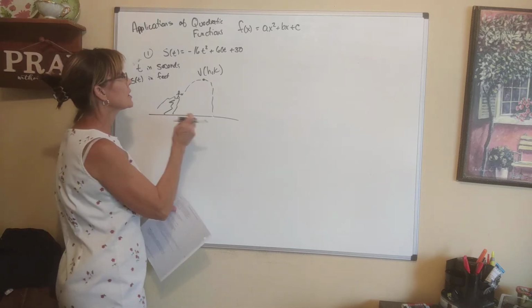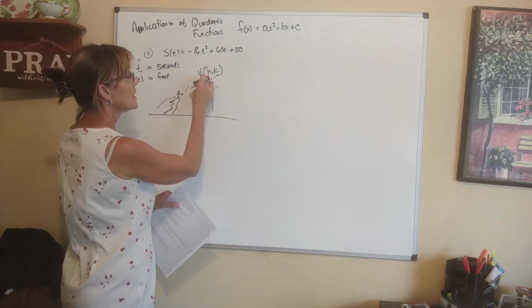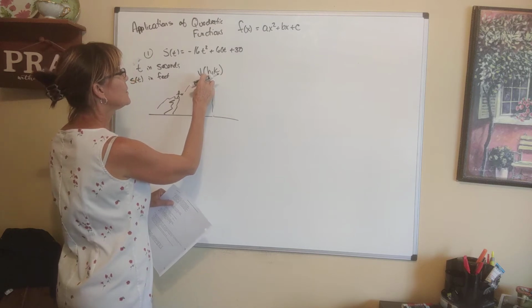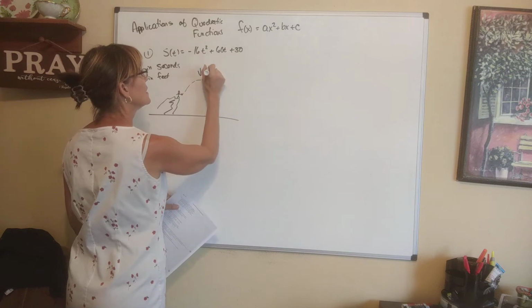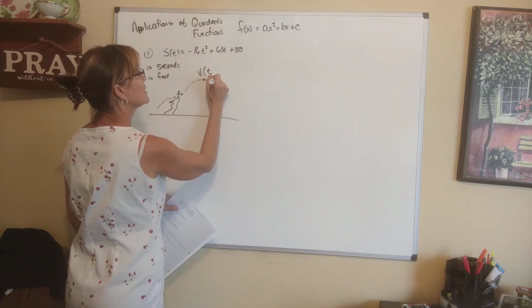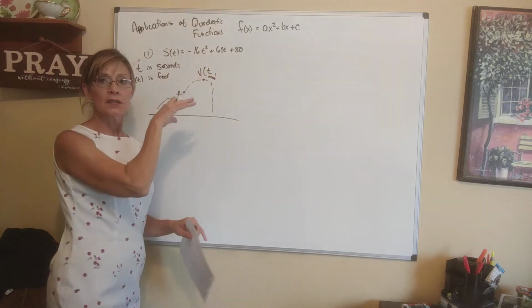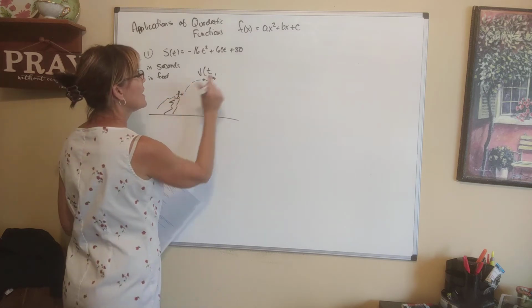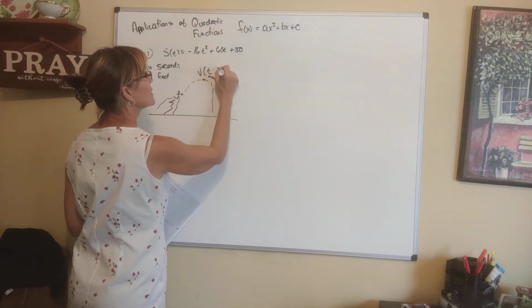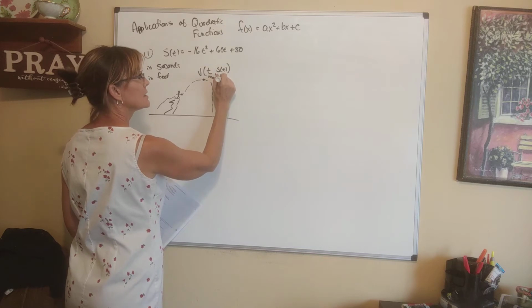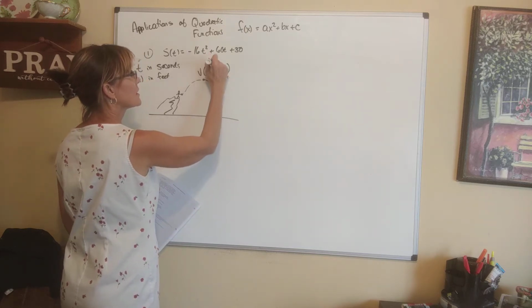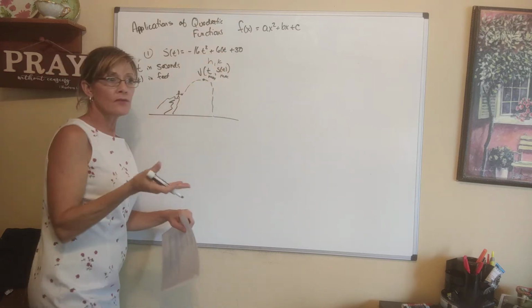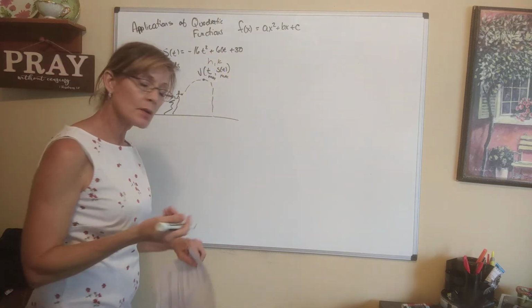In this problem, h is the independent variable, so this is the time, t. I'm going to say t max because it's the time it takes to hit the maximum, and s of t is the k, the maximum height. This is our h and this is our k. If we can figure out what those coordinates are, we can answer these questions.